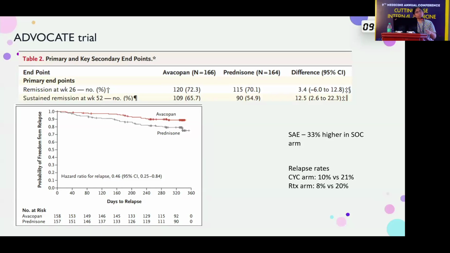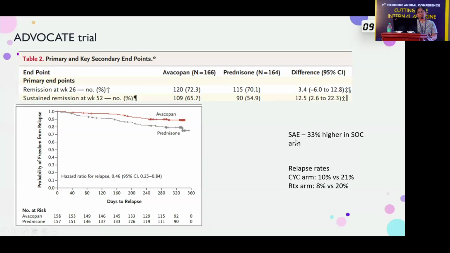When they looked at 52 weeks, though it was not a superiority trial, they found that avacopan did show superiority as compared to prednisolone. However, by the primary outcome, we can say avacopan was non-inferior to the standard dose prednisolone taper alone in patients with ANCA vasculitis.